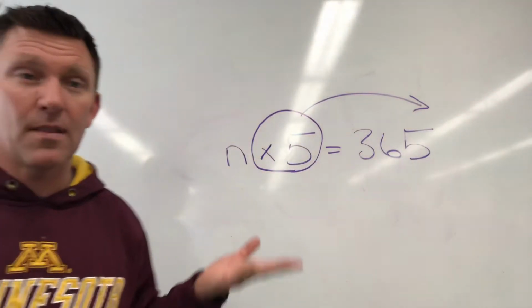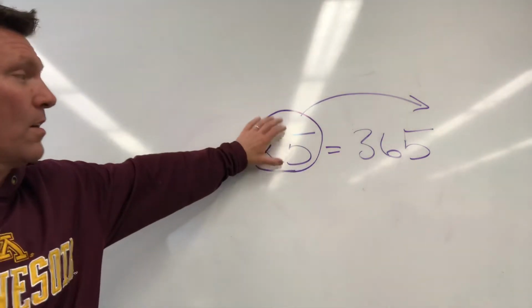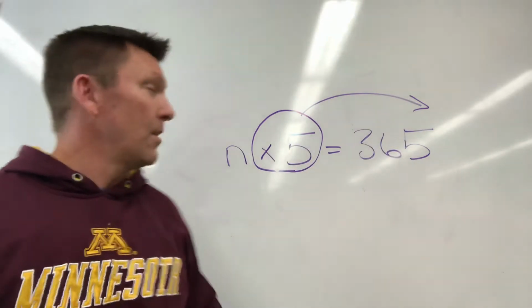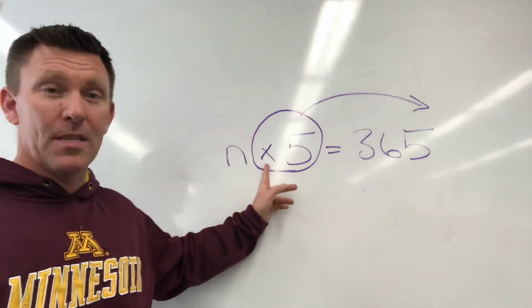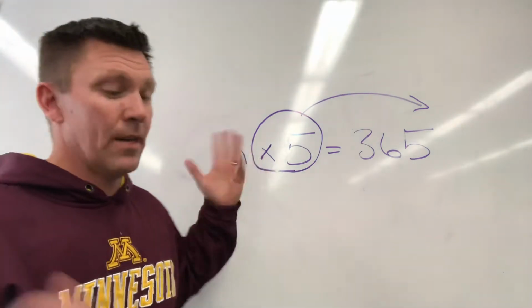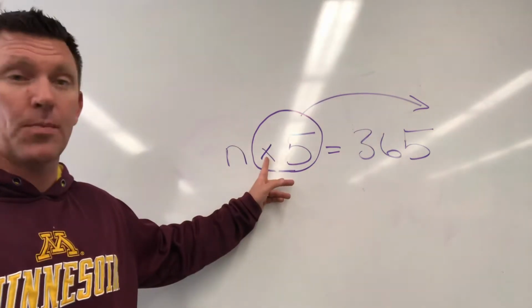I always like to say that something magical and mystical happens when you take this part and bring it to the other side of the equal sign. What happens is the opposite happens to whatever your operation is. In this case, the operation is multiplication.